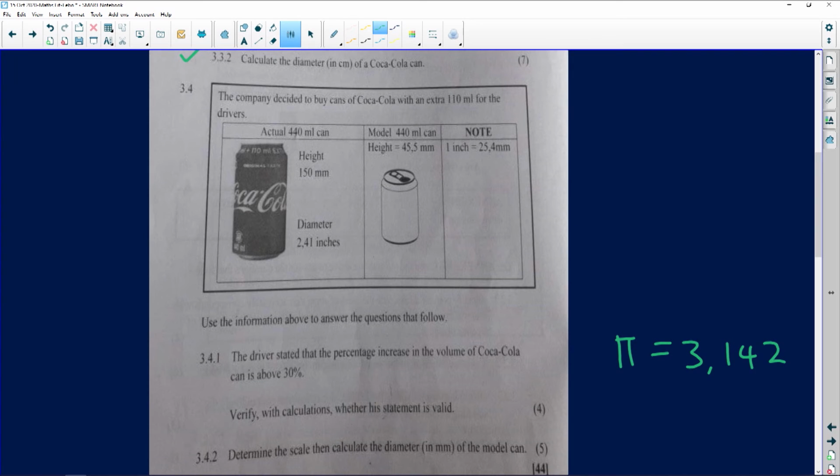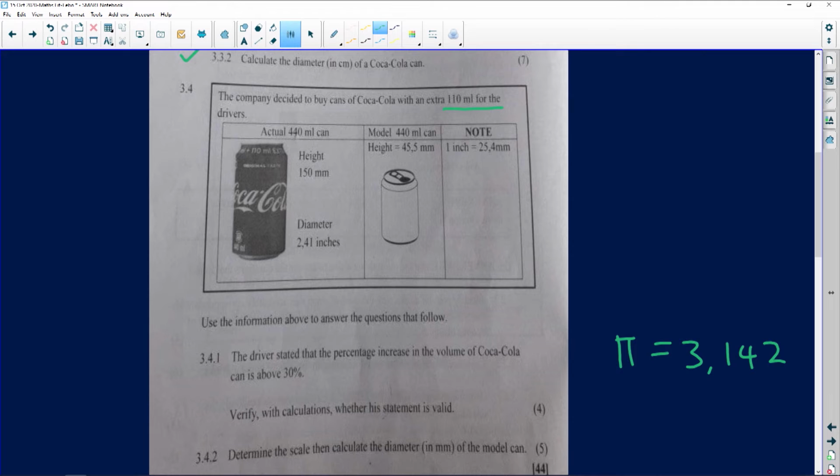So here we're working with cans. Still the same thing. A can is in the shape of a cylinder, and it says the company decided to buy cans of Coca-Cola with an extra. The moment you hear extra, you know that you are going to be adding.